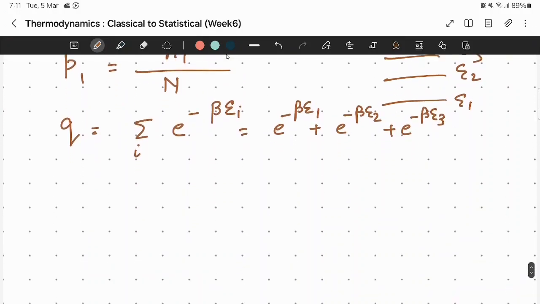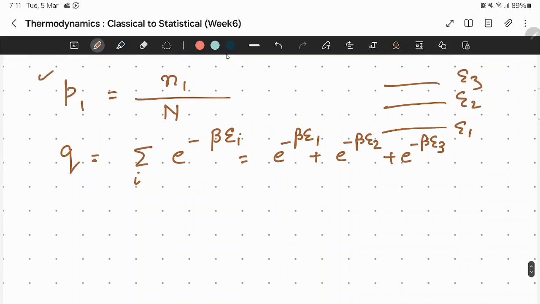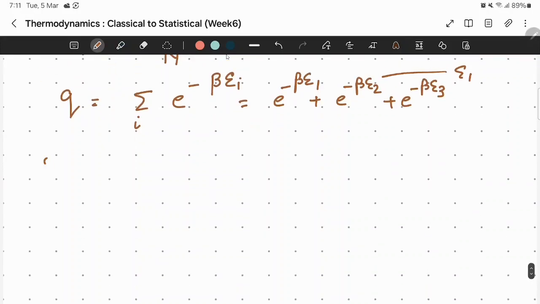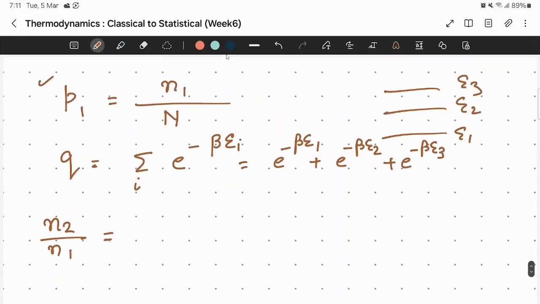We know that we have to find out P1 or P2 or P3. So what will be N1 by N2 or N2 by N1? We have to find the ratio of the population.